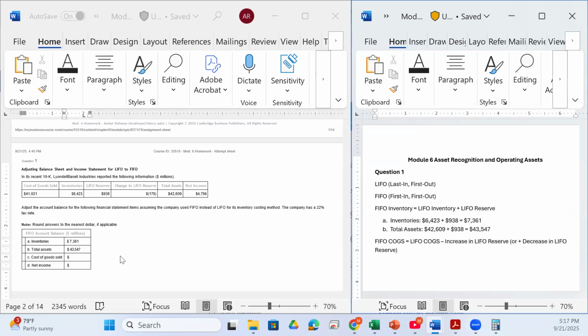But in case of income statement, we are focusing on the changes in cost of goods sold, right?